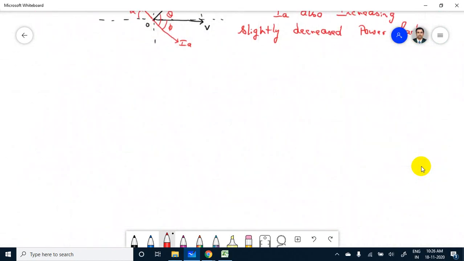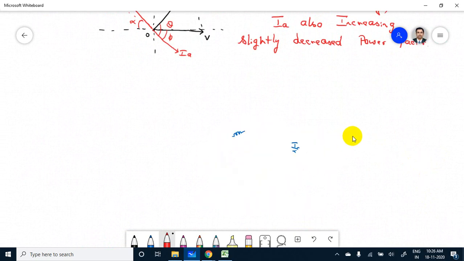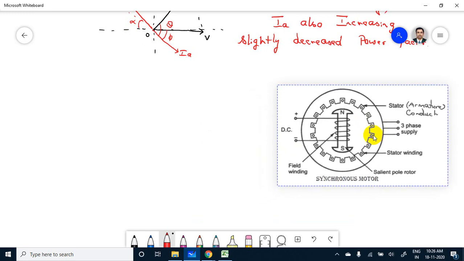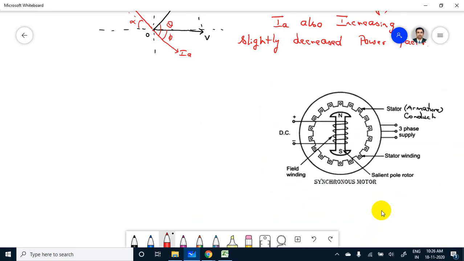Now I'll explain how to find the power. You see here. Power stages.